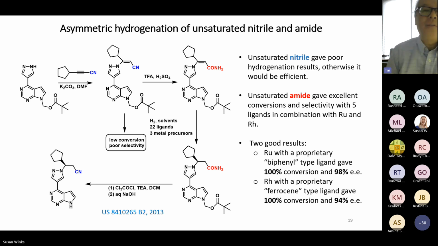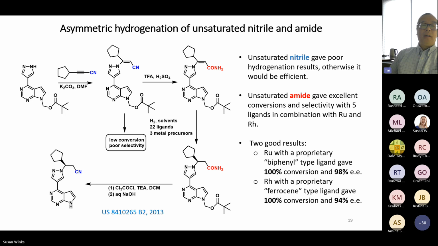Asymmetric hydrogenation. If we could make the alpha, beta-unsaturated nitrile in the middle, and if a metal catalyst in conjunction with a chiral ligand can give us conversion and selectivity, that would be very good, because then it will be just one step away, which is deprotection to the API.